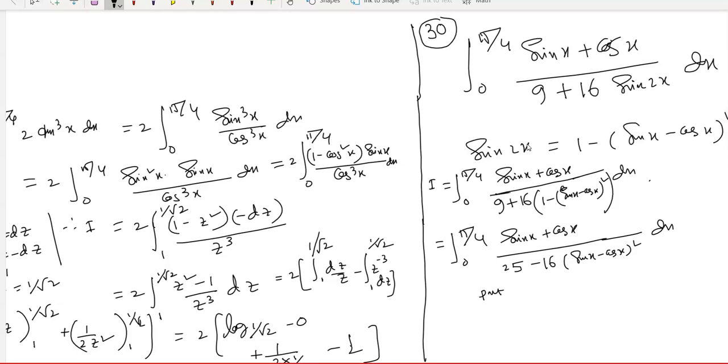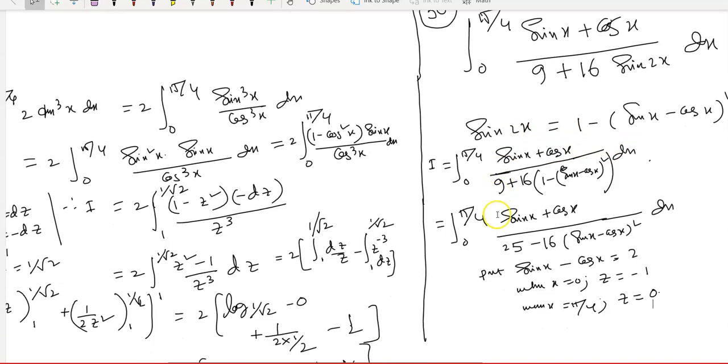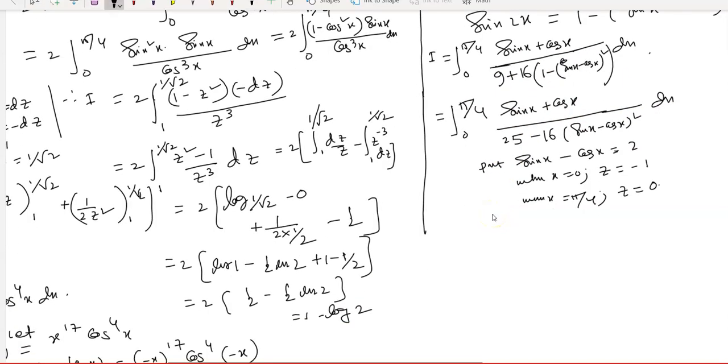so put sin x minus cos x equal to z. When x equal to 0, z is minus 1. So if we substitute there, the limit is changed: when x equal to 0, z is going to be 0 minus 1, that is minus 1.